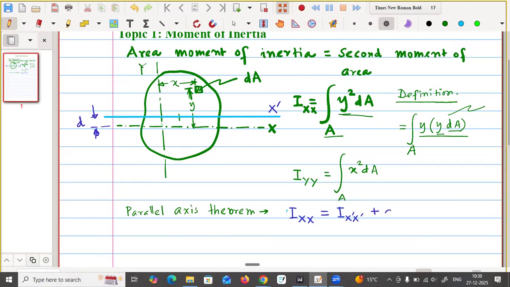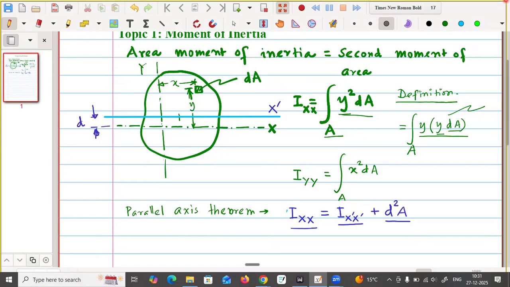So it will be basically d square multiplied by area. So if I know the moment of inertia about the centroidal axis, then simply by adding d square A to that, we can get the moment of inertia about any other parallel axis. So that is one thing.